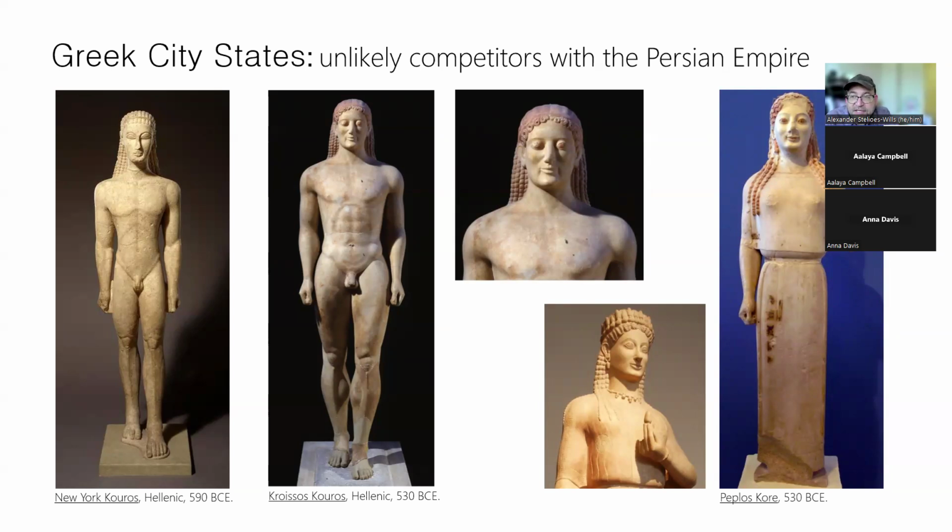And this led to a series of events which led to a flowering of culture in Greece. It also eventually led to the demise of Greece being taken over by Alexander of Macedon, who wound up conquering the entire Persian Empire and creating an even larger empire, which only lasted his very brief life.